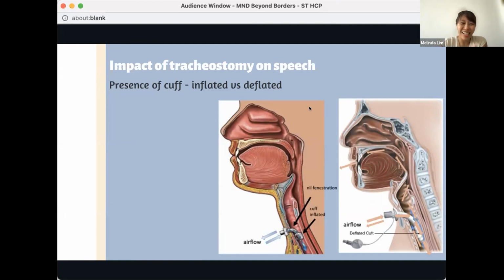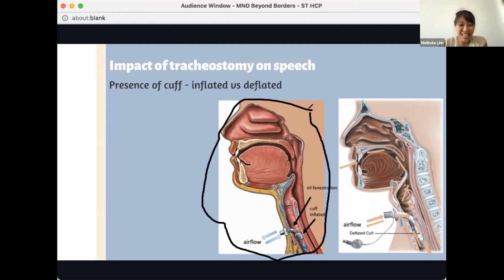In the picture on the left, you can see that the tracheostomy cuff is inflated and there isn't any fenestration or any holes in the tracheostomy tube. Because of that, the airflow is directed in and out of the tracheostomy tube. There is no airflow up past the vocal cords. And because of that, speech is not possible.